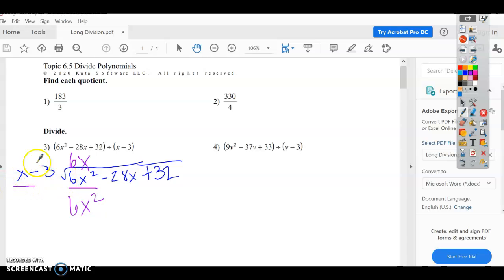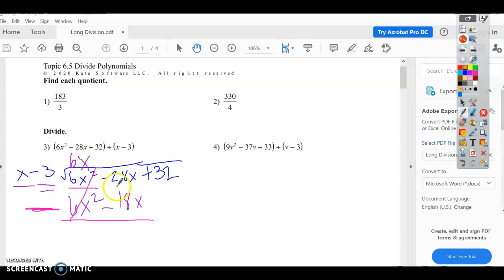And then since we have two different terms on the outside, we have to multiply it also by this negative 3. So negative 3 times 6x is negative 18x. And then remember, we are subtracting these two terms. So 6x squared minus 6x squared, that's 0, so those cancel each other out.